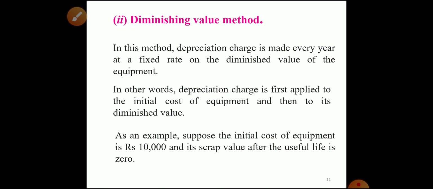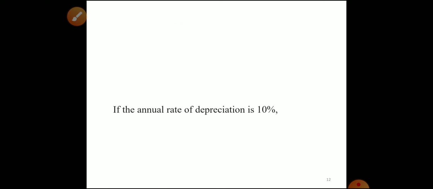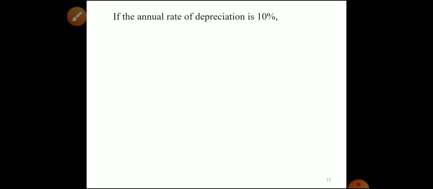Let us say the initial cost of the equipment is 10,000 and its scrap value is 0 rupees, meaning we won't get any amount after selling it after its useful life. If the annual rate of depreciation is 10%, then per year 10% of the value will decrease.